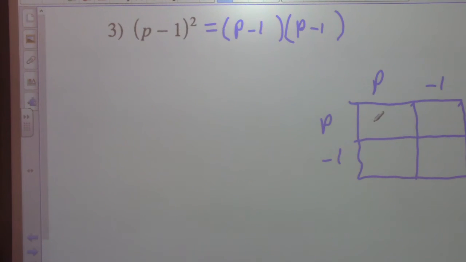And so here we have p squared minus p, and what goes in the lower right? One. Yeah, plus 1. So our answer for this is going to be p squared minus 2p plus 1. So that is our answer.